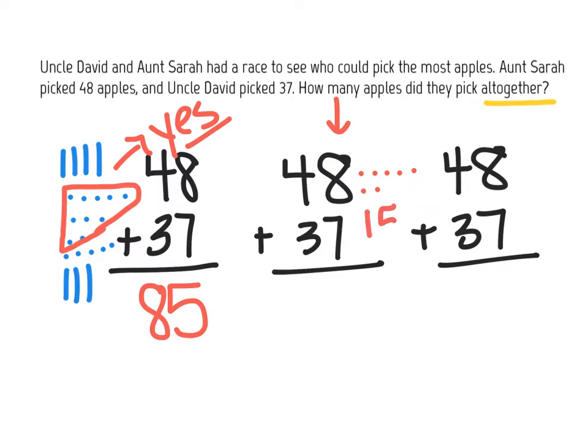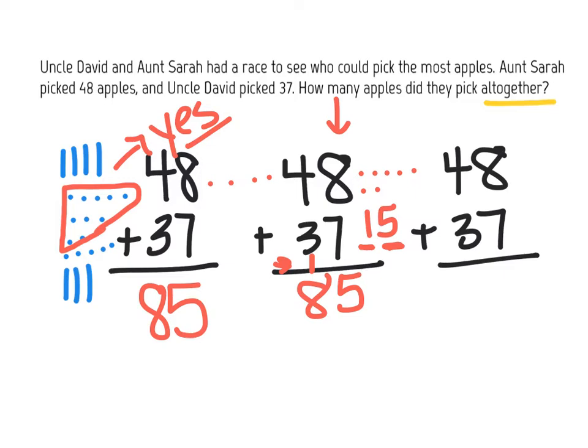The number 15 is what I get. The 5 is in my ones place, so I'm going to put the 5 down here under my ones place. This 1 is in the tens place, so I'm going to put it down here in the tens place. Remember, this is new group below because I'm putting that new 10 below. Now 4 plus 3 plus 1, so 4, 5, 6, 7, 8. 4 plus 3 plus 1 is 8. So I get 85 again.